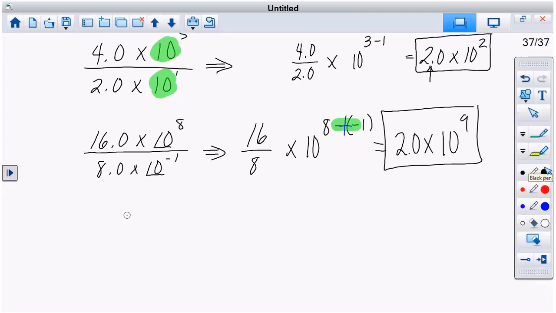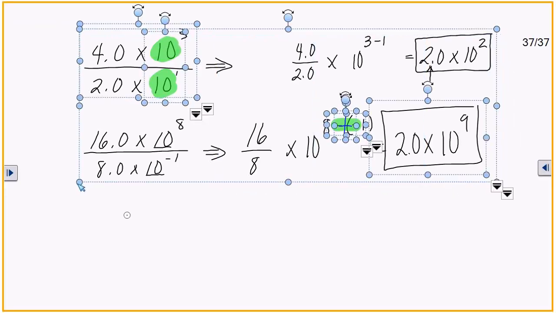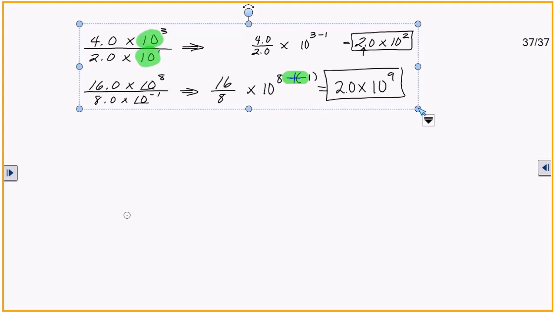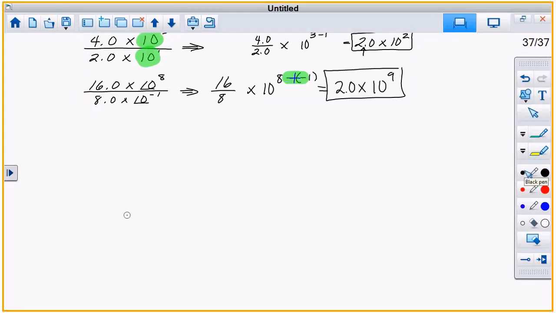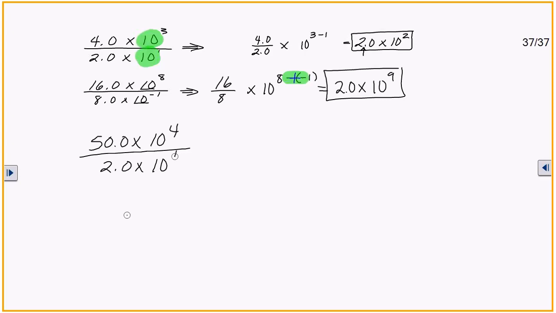Again, most of you won't have a problem with these. The one that you will have a problem in is coming up. So we're going to do one like that. So let's do 50 times 10 to the 4th divided by 2 times 10 to the 1st. And then I want you to do another one.